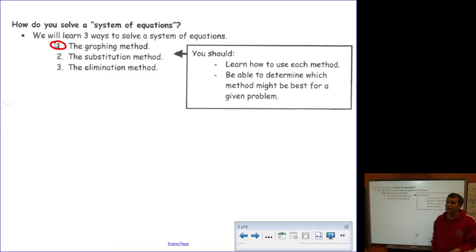They all solve a system of equations. Why do you need 3 methods? Well, maybe technically you don't. But what we would hope to do at some point is determine, when we have a system of equations, which method is the best one to use. And that might depend on what type of problem it is.